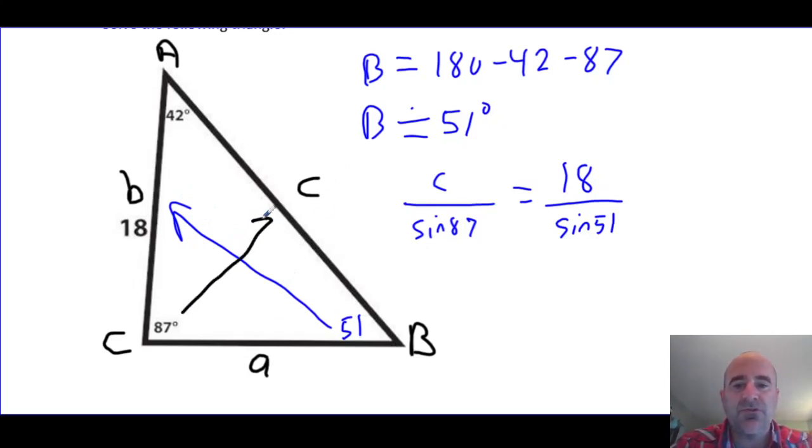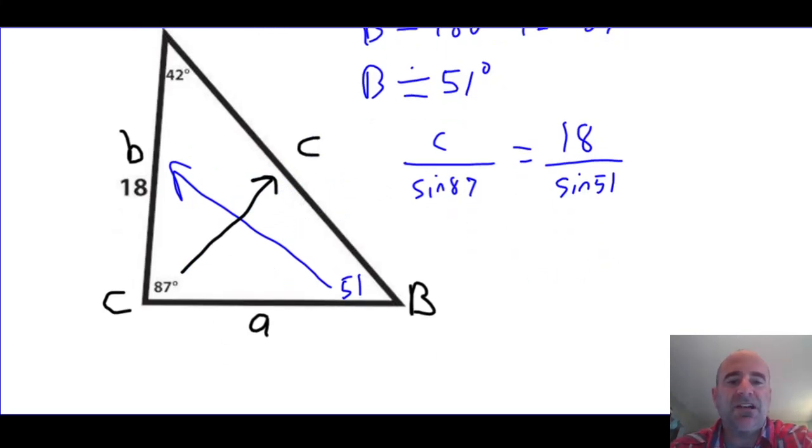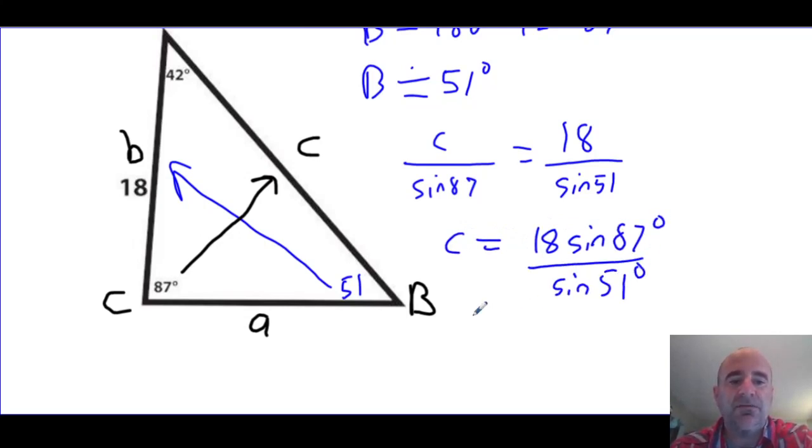So that's why those two are matched up, and C is the one I don't know. Multiply both sides by sine 87, you get 18 sine 87 divided by sine 51. Use your calculator to solve for C there, and you should get 23.1. There's no units here, but there you go.